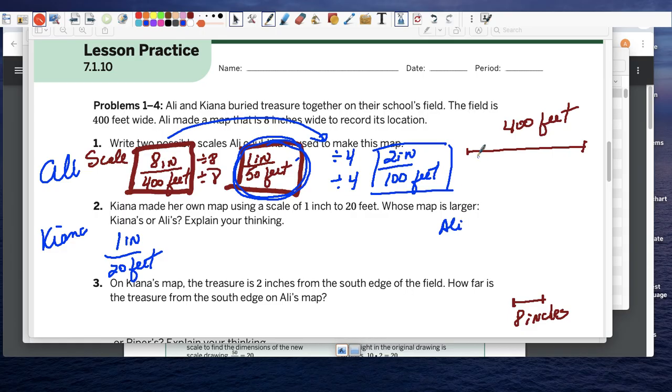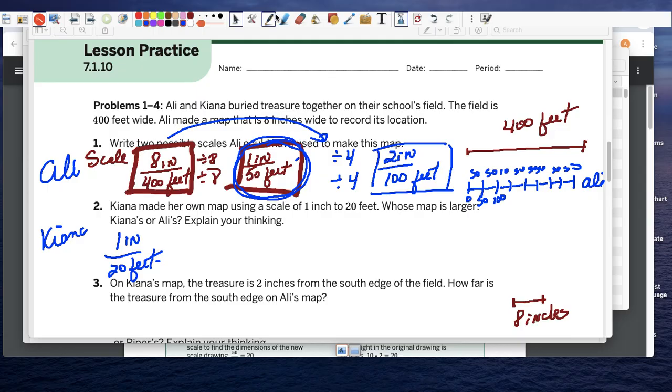Every 1 inch is 50 feet, so I'm going to write 0, 50, 100, 150, 200, 250, 300, 350, 400. That's using Ali, where every inch is 50, until you get to 400.